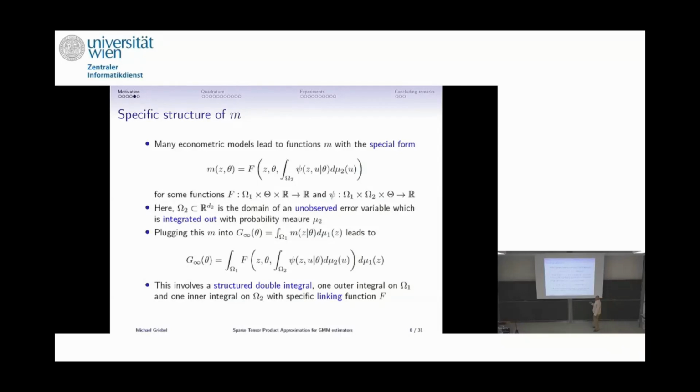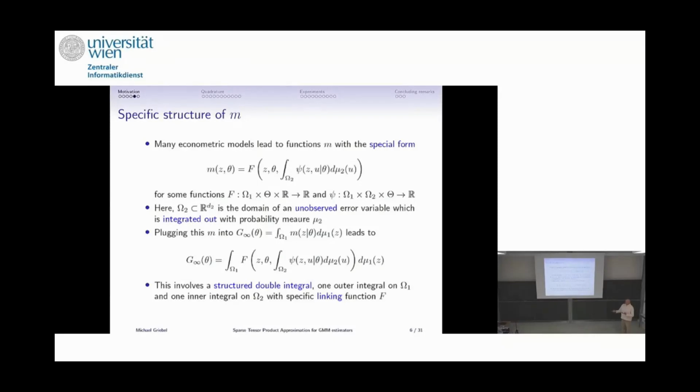The F is up for debate, and the psi is, and this is the good news, it's smooth. It has mostly mixed regularity for all their applications. In the end, they are Gaussian-like, okay? So we have a structured double integral, one outer integral on omega 1 and one inner integral on omega 2 over this psi with a specific linking function. If you want, you can forget these two guys as well, but they come into play in some models.